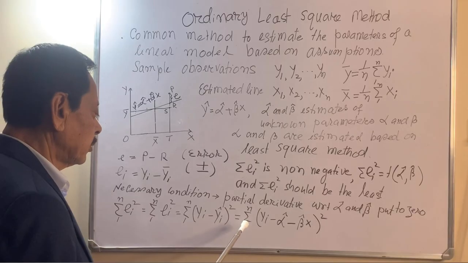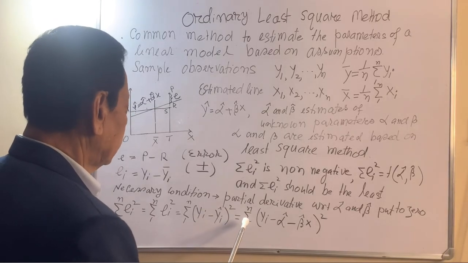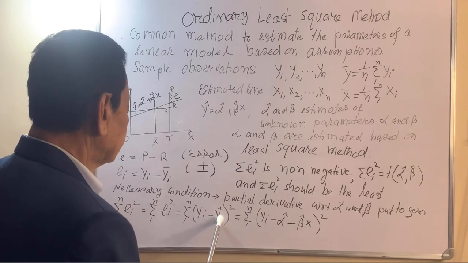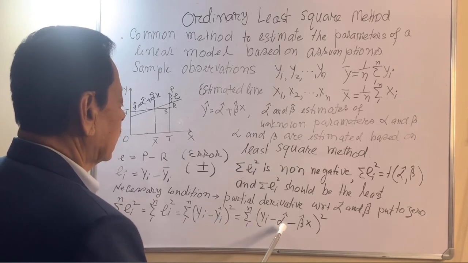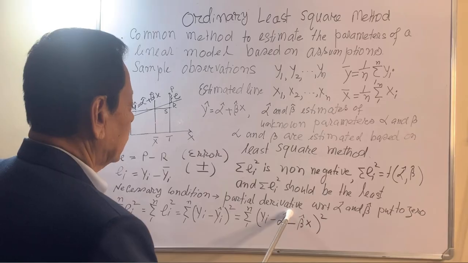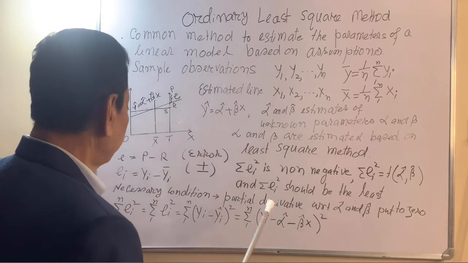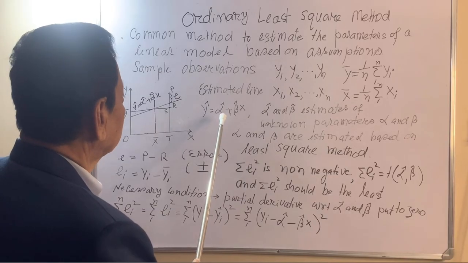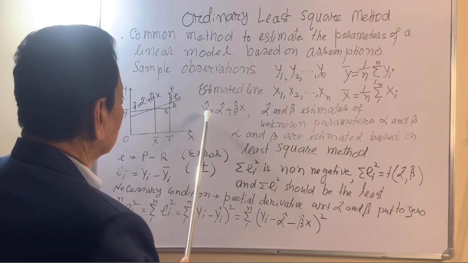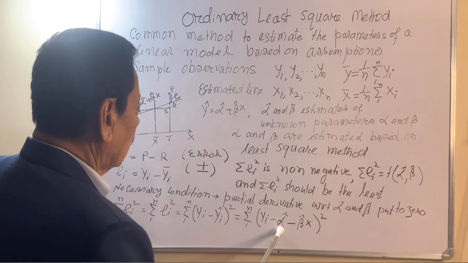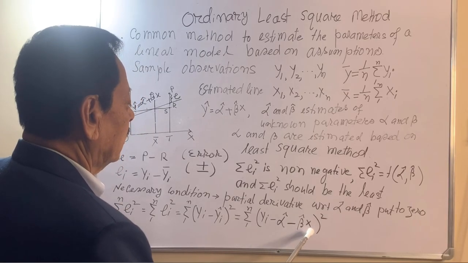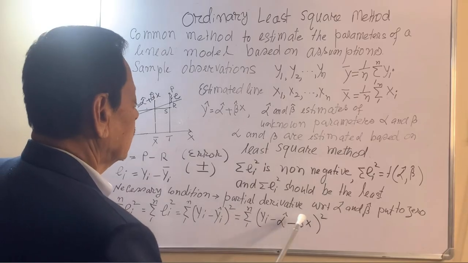So this is equal to what we have got earlier: yi minus estimated alpha minus estimated beta x, all squared. We have got it earlier, that this one. So y hat means estimated alpha minus estimated beta x.